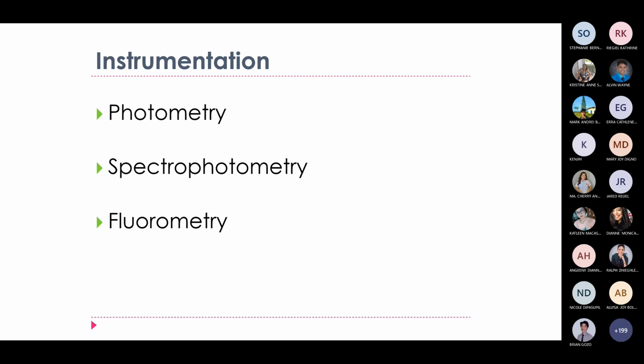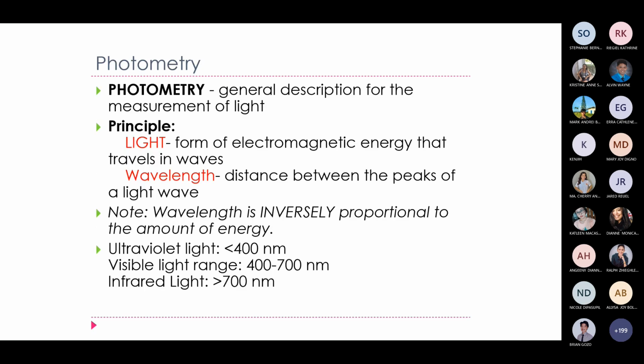Okay, let's go to instrumentation. Under photometry, we have spectrophotometry and fluorometry. Ito yung mga pinaka-importanteng instrumentation na ginagamit sa clinical chemistry. Okay, from the basic term photometry, this is the general description for the measurement, kaya nga metry, photo, light, measurement of light.